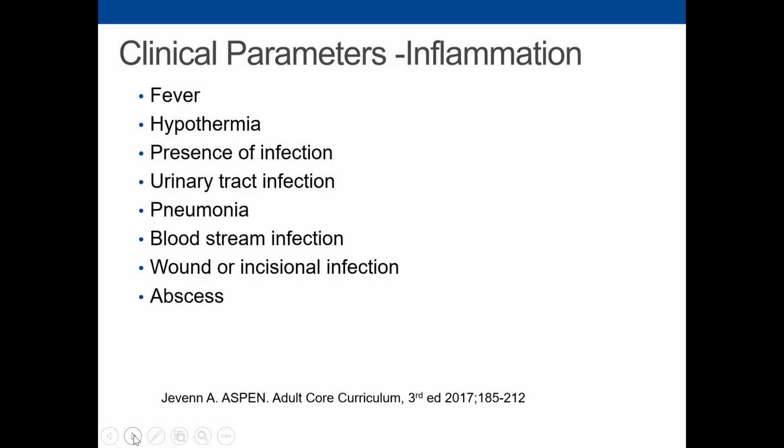From a clinical perspective, these are all aspects of a patient's clinical status that would reflect an inflammatory process. So an individual who is febrile, or on the other side, who has hypothermia, someone who is infected either through a urinary tract infection, or pneumonia, a bloodstream infection, an abscess, all of those would lead to an elevation in some of those acute phase proteins reflecting that inflammatory process.